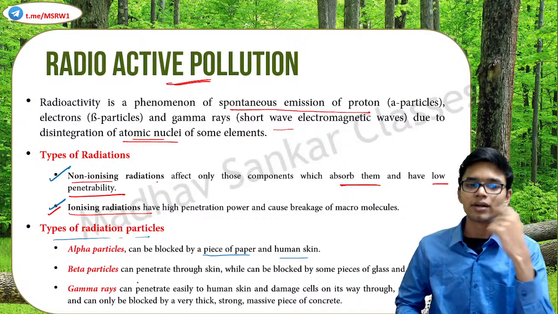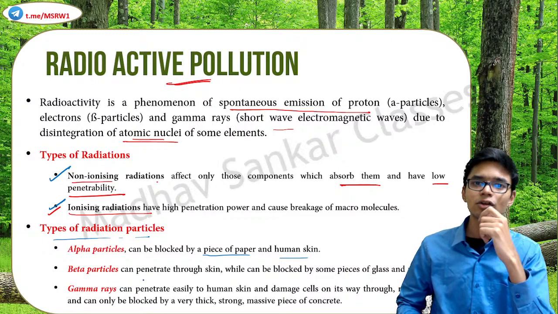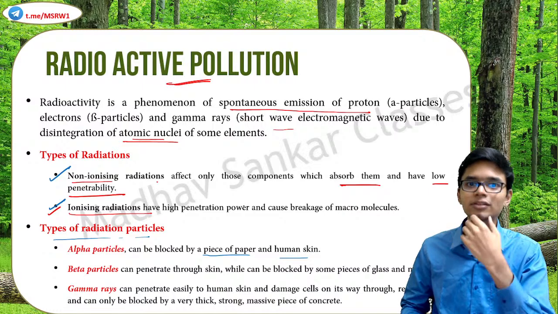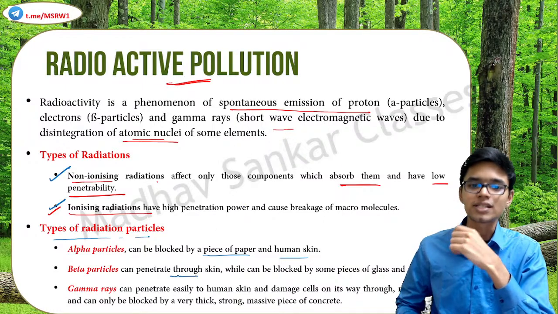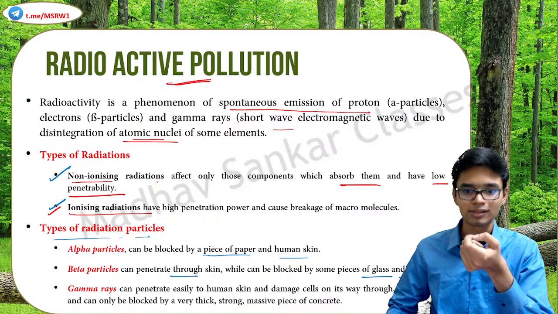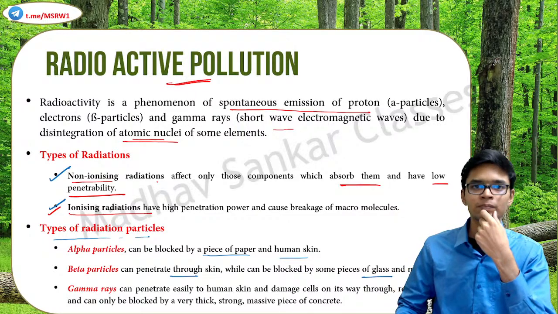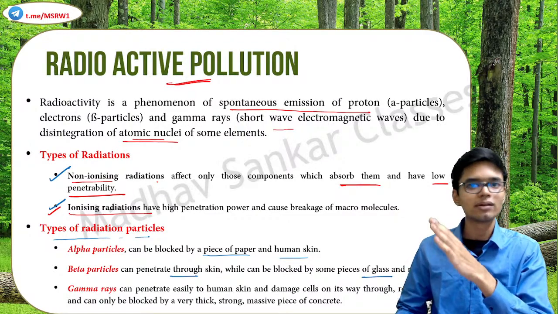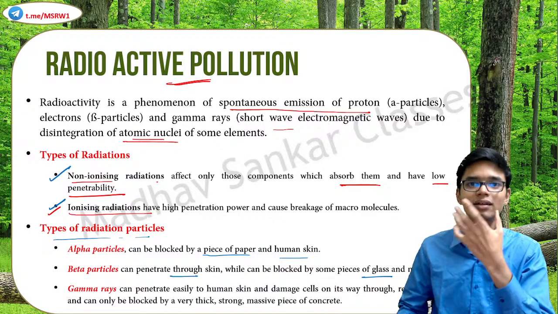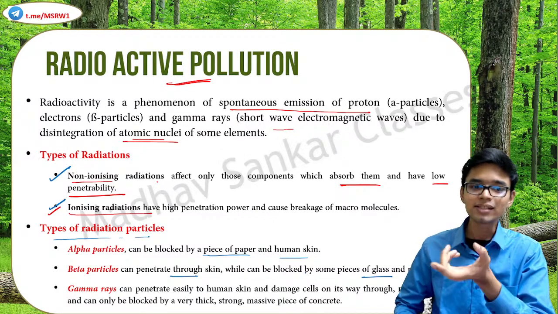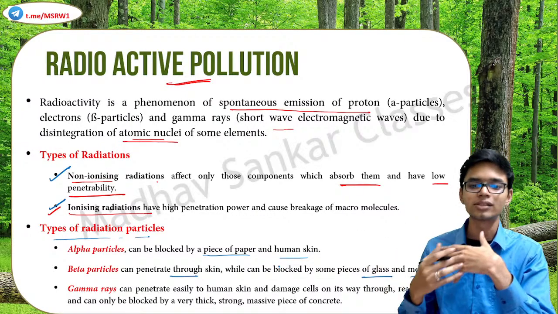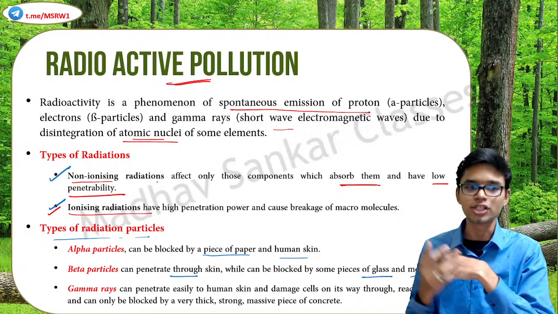Then come beta particles. Beta particles have a higher penetrating strength. They can penetrate through our skin, but they can be blocked by things like glass, metal, etc. So that is also okay to a level. Gamma rays are the most powerful ones. They can penetrate very easily through human skin and damage internal organs and cellular composition.